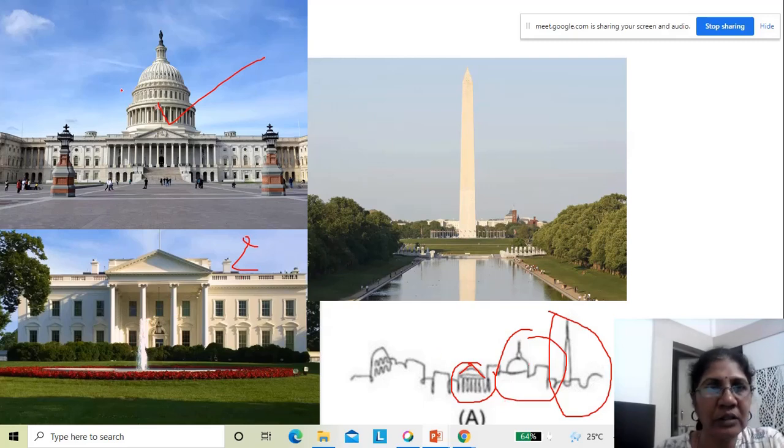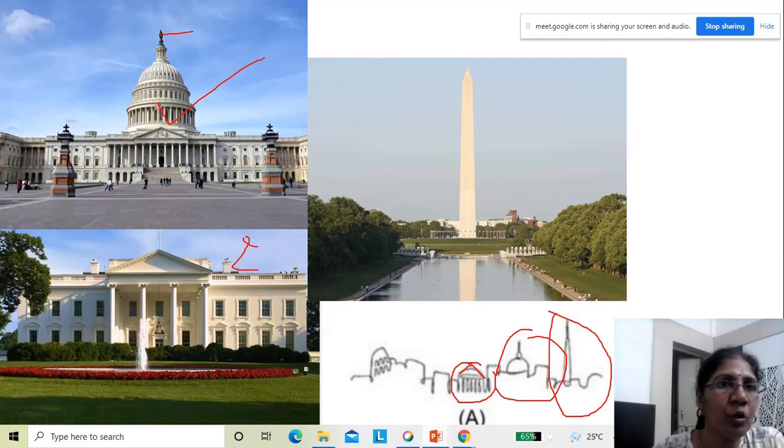What about this? This is the Capitol building, the building where all the government activities take place, for governance of the city or country. So this is the Capitol building with that pinnacle.